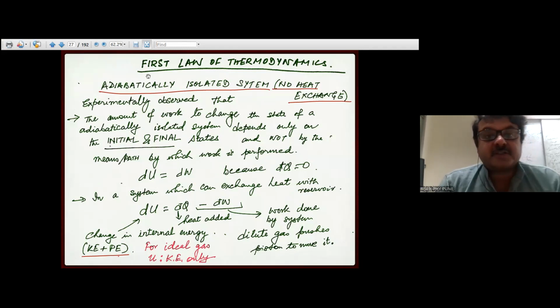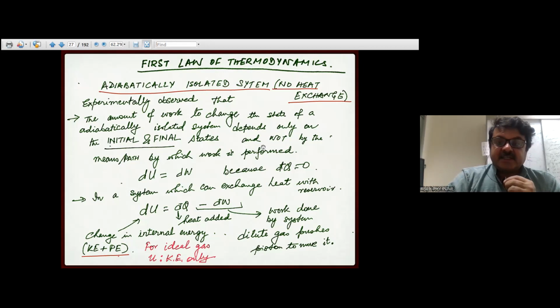So we're going to discuss the first law of thermodynamics, basically the relation between heat and work and internal energy. For adiabatically isolated systems, so that there's no heat exchange, it is experimentally observed that the amount of work needed to change the state of a system depends only on the initial and final states and not on the means or path by which the work is performed.